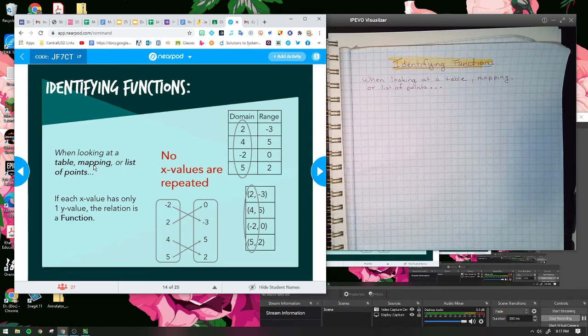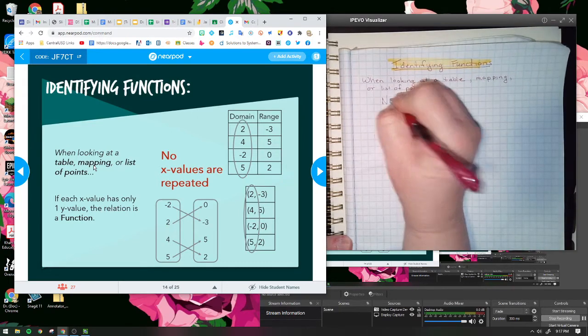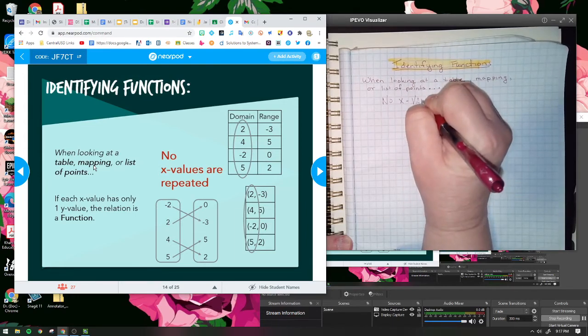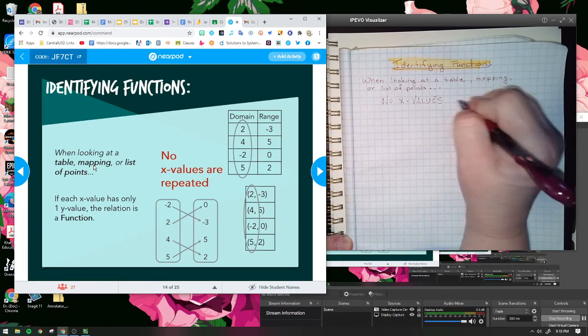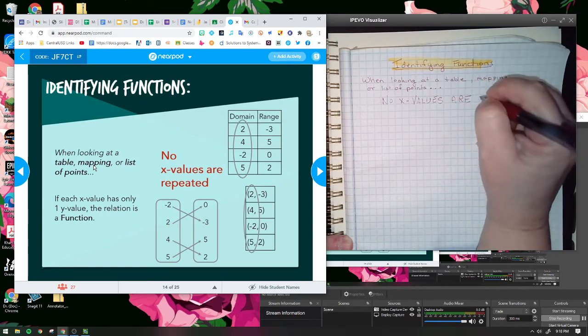Now, this next comment here: no x values are repeated. We did that in our last notes, and I'm going to have you write that one more time. No x values are repeated.